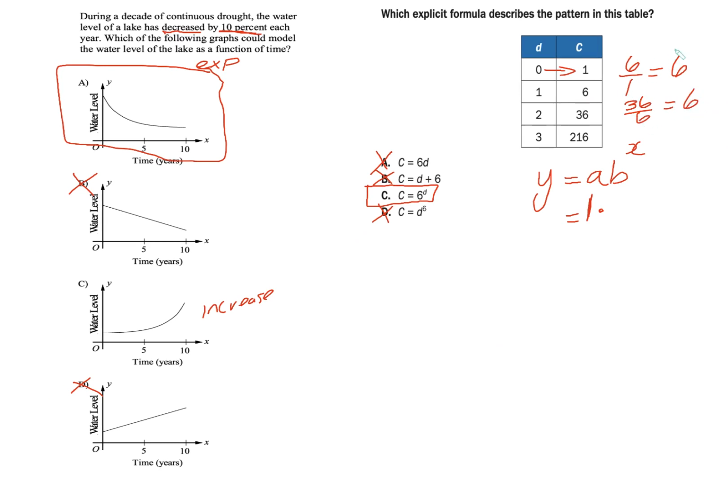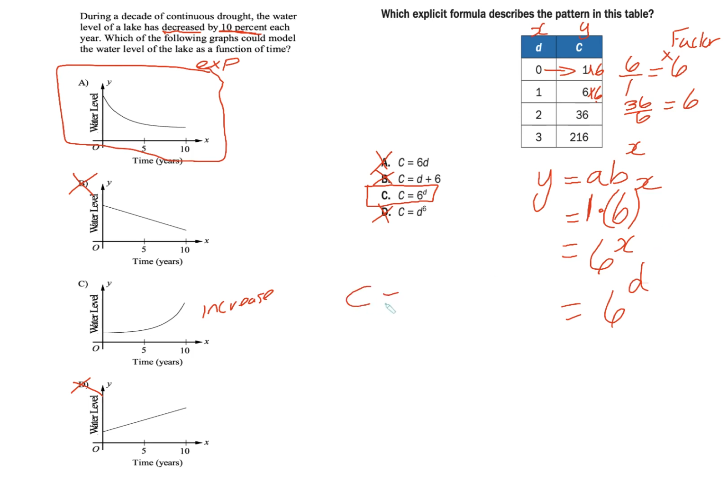So your ratio is 6 over 1, or your factor is you're multiplying by 6. 1 times 6 is 6. 6 times 6, 36, and 36 times 6 is 216. Therefore, that in the parentheses, if you choose to use parentheses, would be your 6 raised to the x. And remember, 1 times anything is itself, so it's just 6 raised to the x. Now, they didn't use x, they used d, because remember, this is your x, and this will be your y. 6 raised to the d. And you're finished.